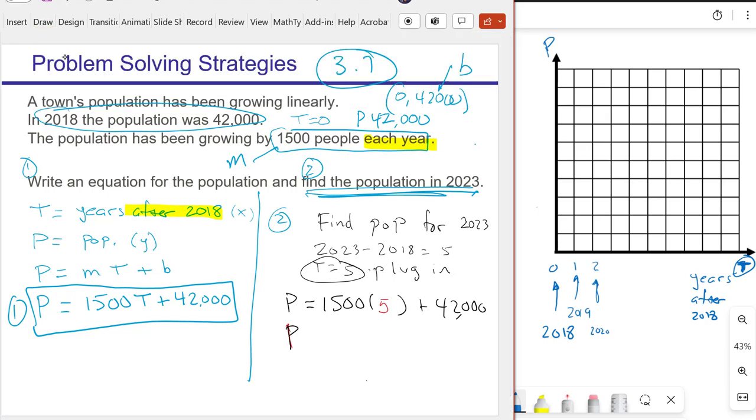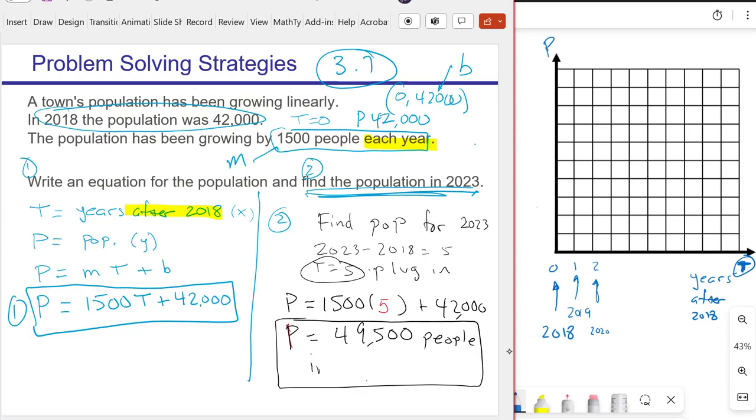The population equals 49,500 people. Now, t was 5. What year is this? It's 5 years after 2018. So the 5 represents years after 2018, which is in 2023. That's the answer to the algebra there.